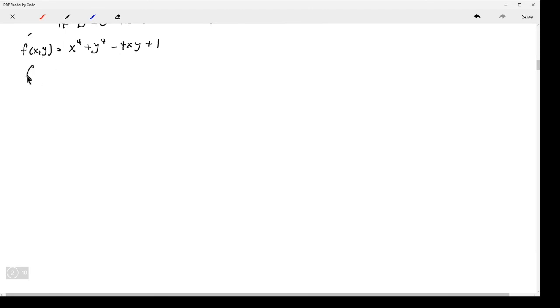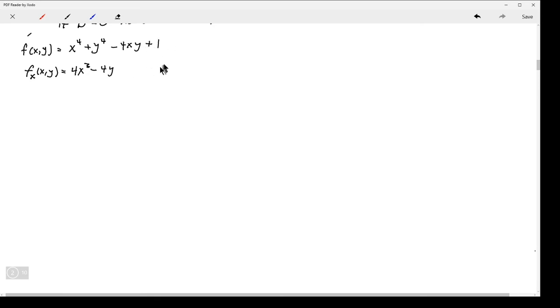So that means I need fx. With respect to x, that's going to be 4x to the third, plus 0, minus 4y, plus 0.